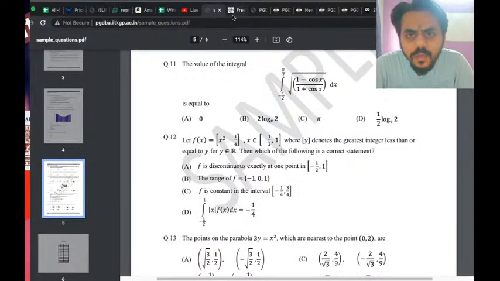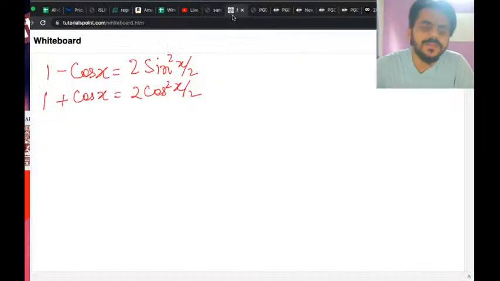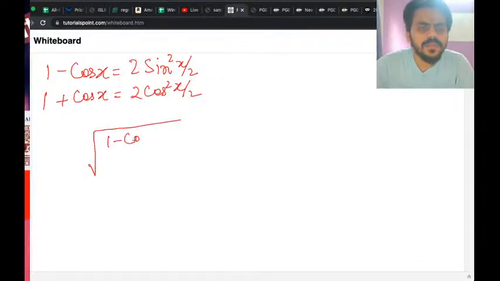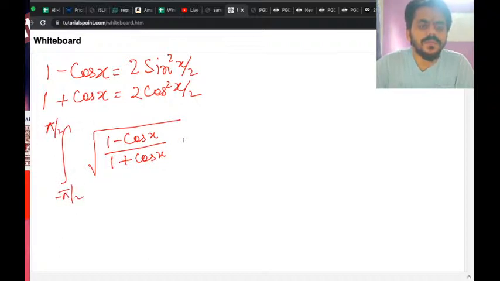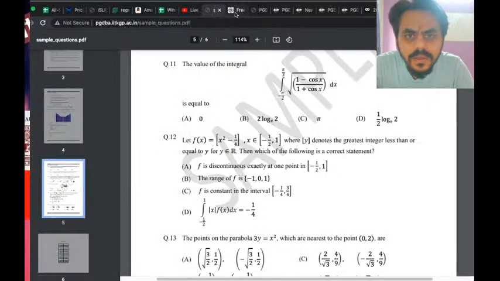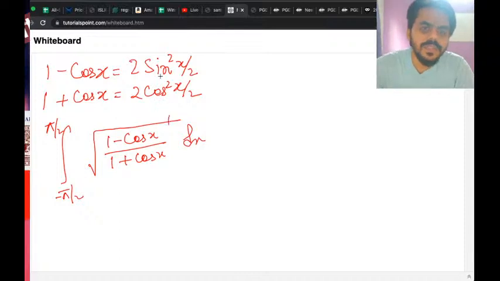This is the root of the integral of 1 minus cos x by 1 plus cos x, from minus pi by 2 to pi by 2. Fine, so I'll just put these guys inside, so this will change to, I'll just write it this way.